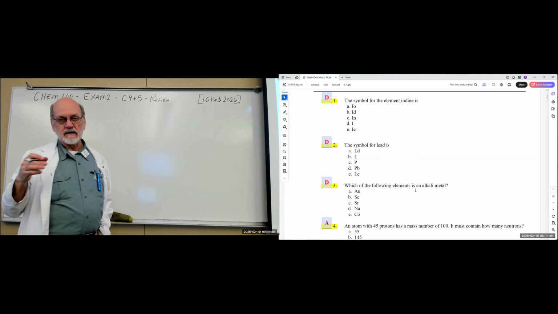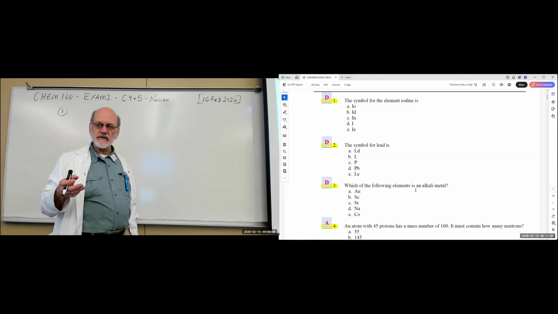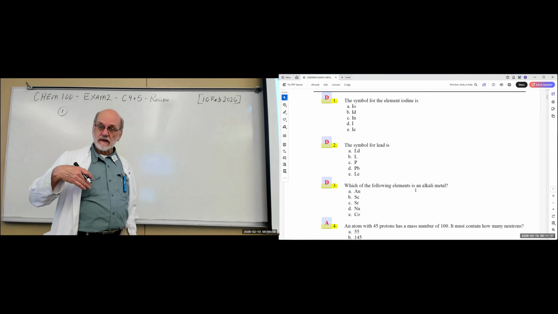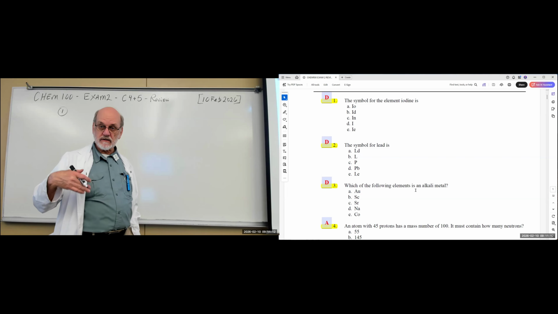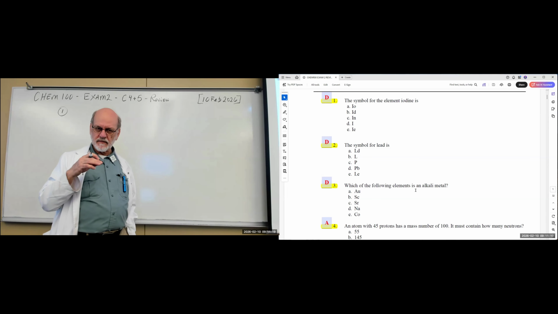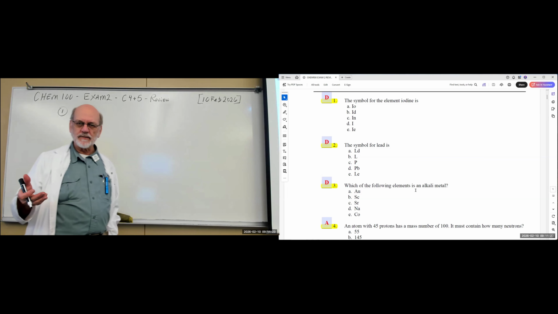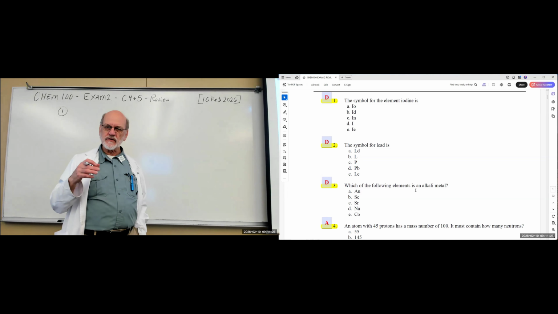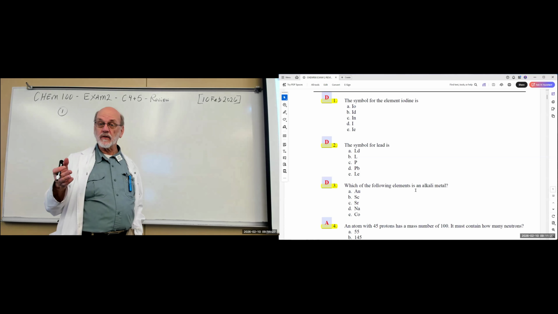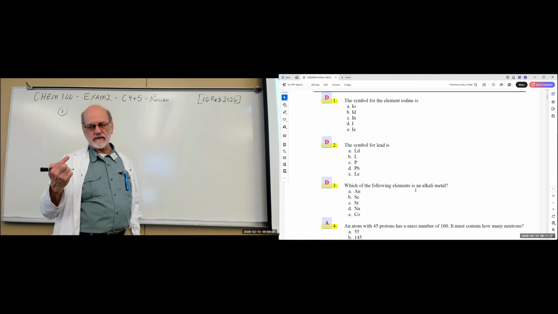You may remember in the lecture part of the course that I mentioned some elements we inherited from the Middle Ages, the alchemists. By the time this system of nomenclature was developed, some elements were already known, so those were given single letters.